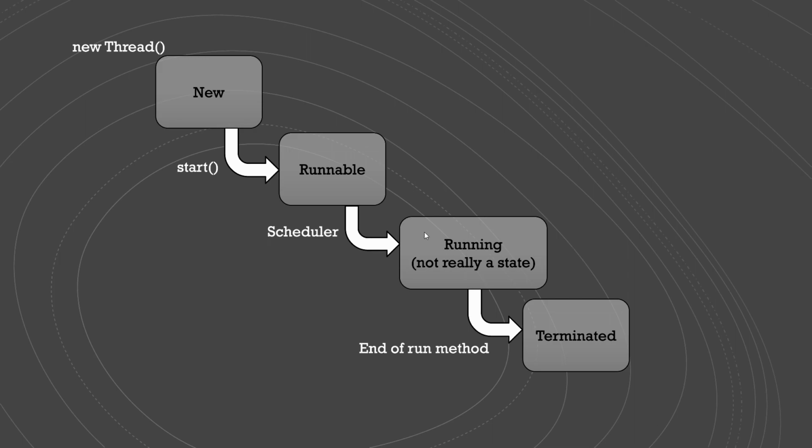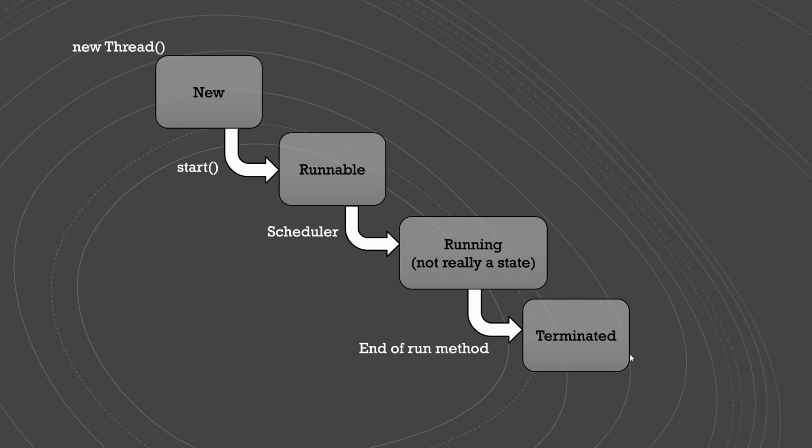We'll get to that later. Okay, so runnable state gets picked up by the scheduler and starts running, which is not really a state. Then, when our run method reaches its end, our thread object will place itself in a terminated state.